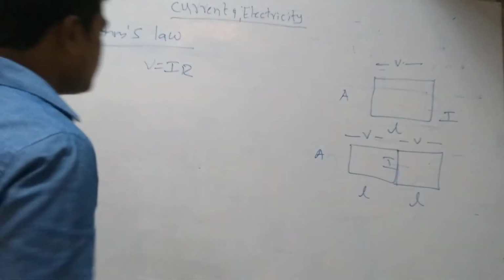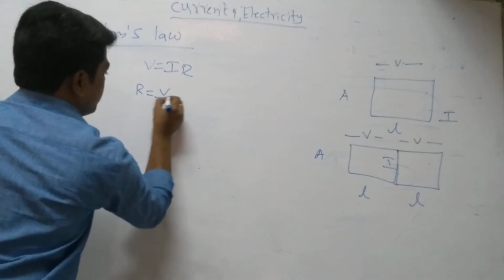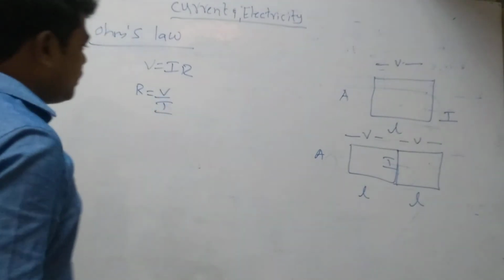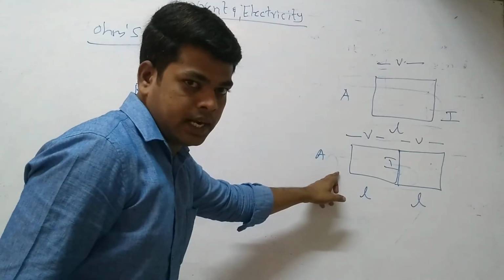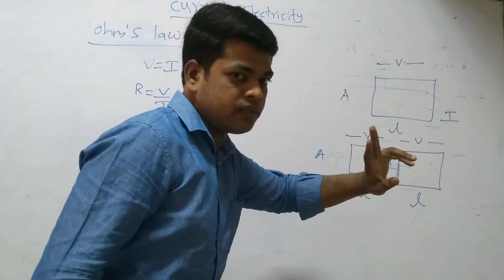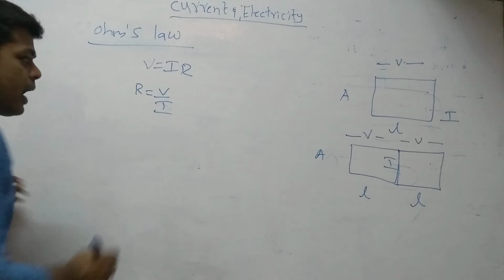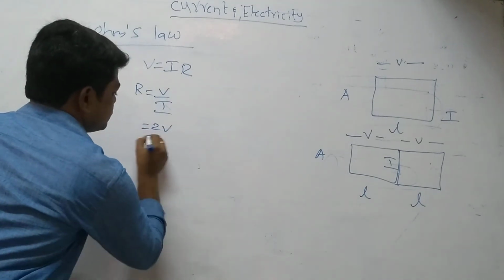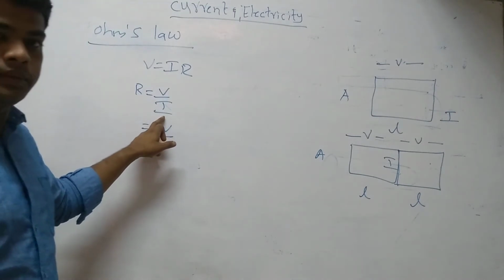Now from this equation, R is equal to V by I. Then apply the equation to the second case. What is the potential difference value? There are two potential difference values, the first and the second. So V becomes 2V. And what is the current? This is I, the current.